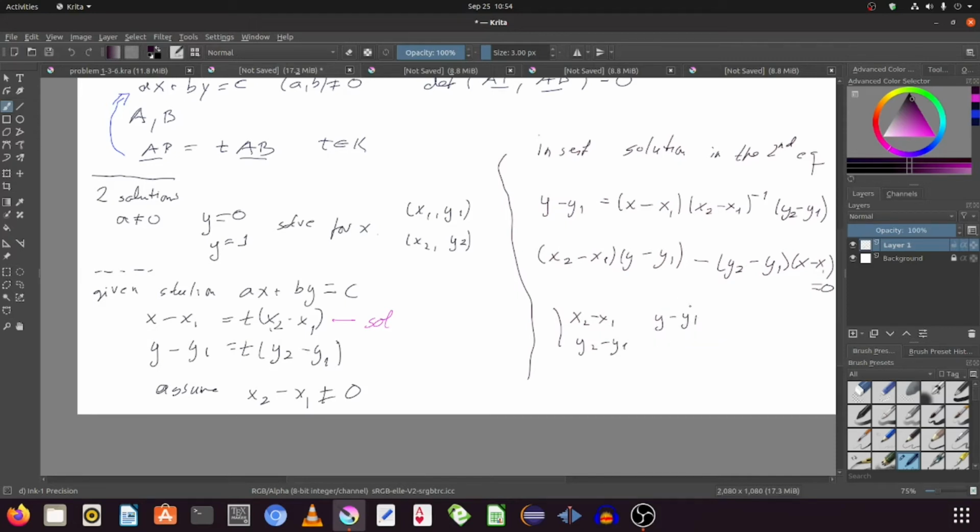Oops. Vanishing, and that's just the equation we have. That is the exact equation we have here.